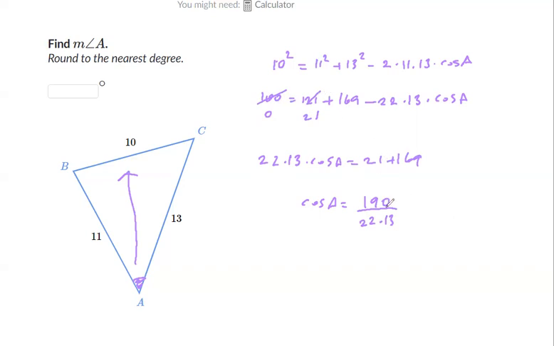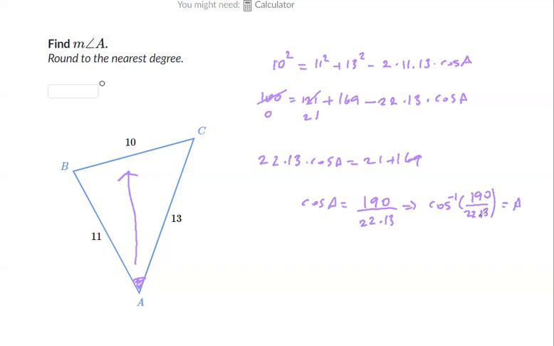But before you move on, make sure you are looking for the angle. We saw in the first problem that when we are looking for the angle, we use the inverse of the function we are given. So the inverse of cosine should be something like this: 190 over 22 times 13 equals the angle measure of A.